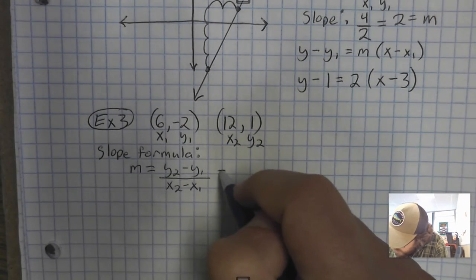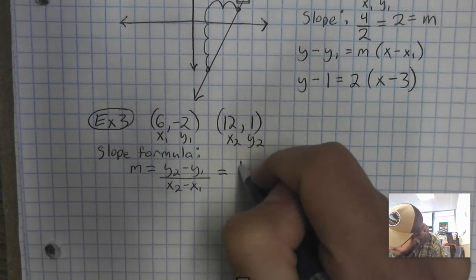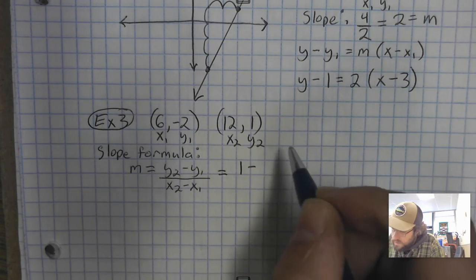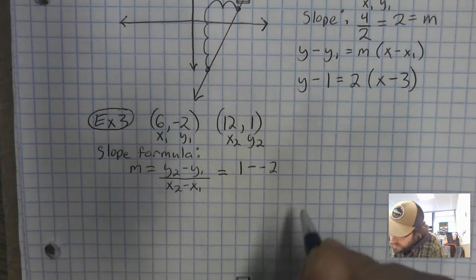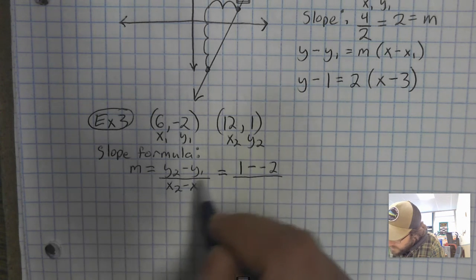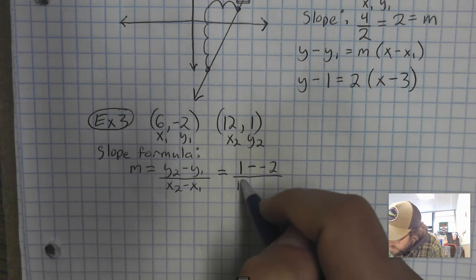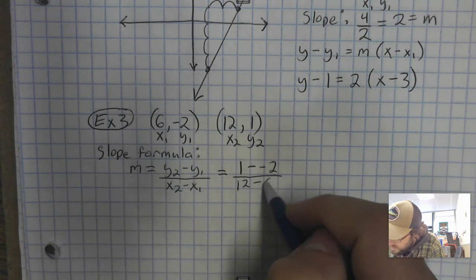Let's put this stuff into the slope formula. y2, I go over here, y2 is a 1, minus y1 is -2. 1 minus -2 over x2 is 12 minus x1 is 6.